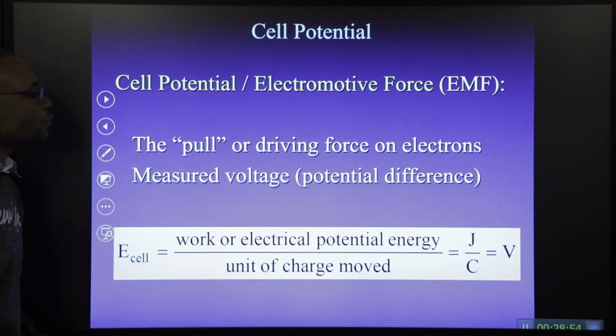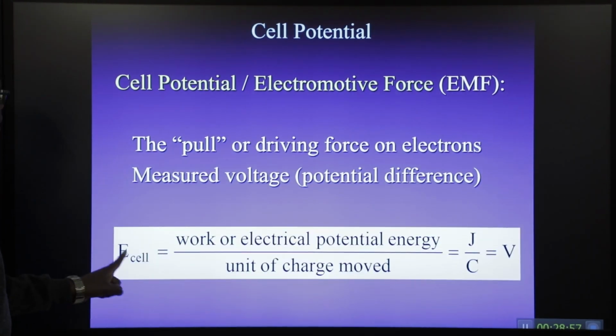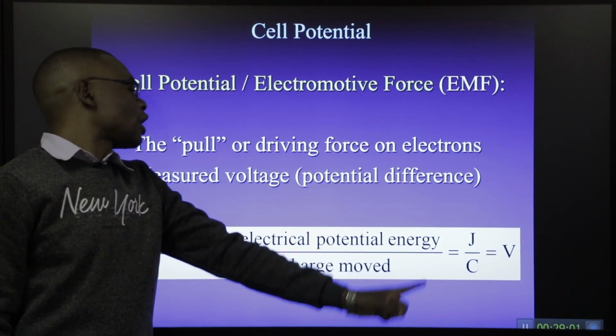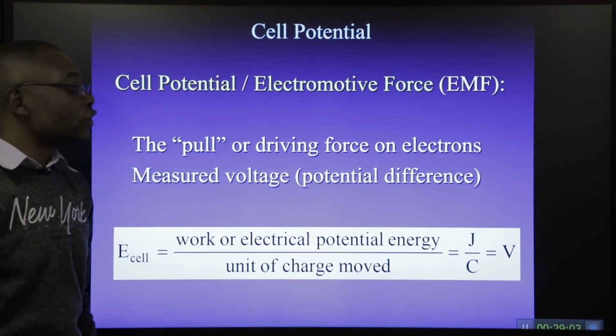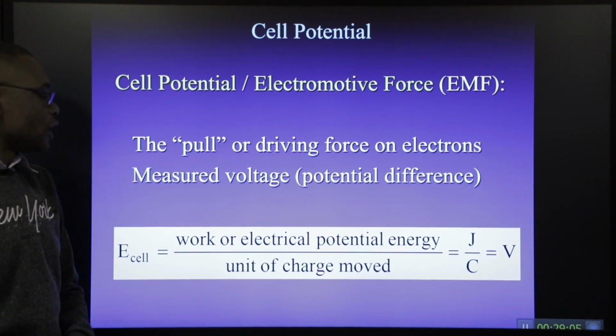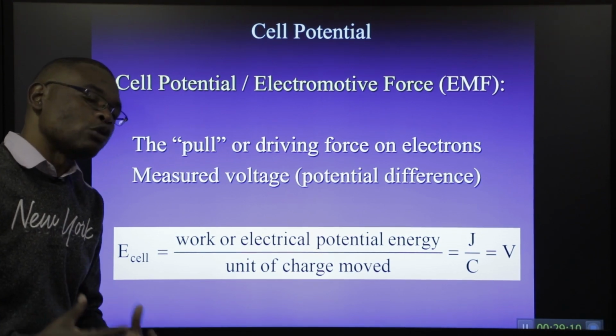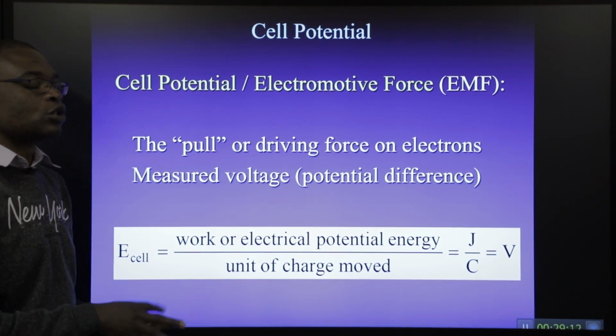Okay. So in other words, E cell is equal to the work or electrical potential energy over the unit of charge moved. And the unit of charge here is the amount of electrons which are moved through the system.